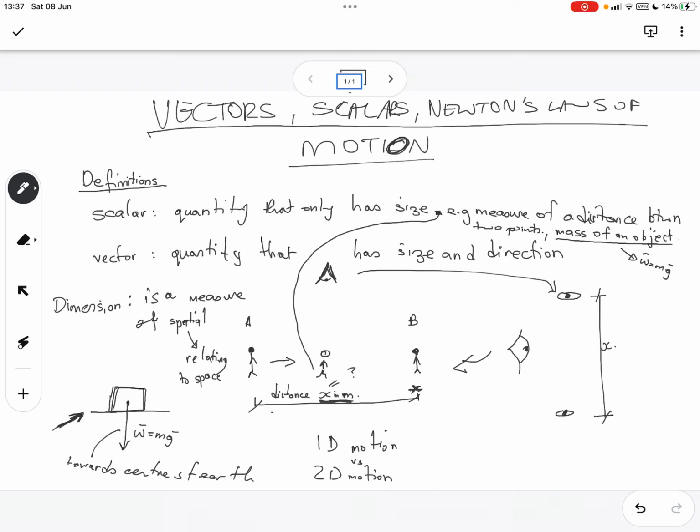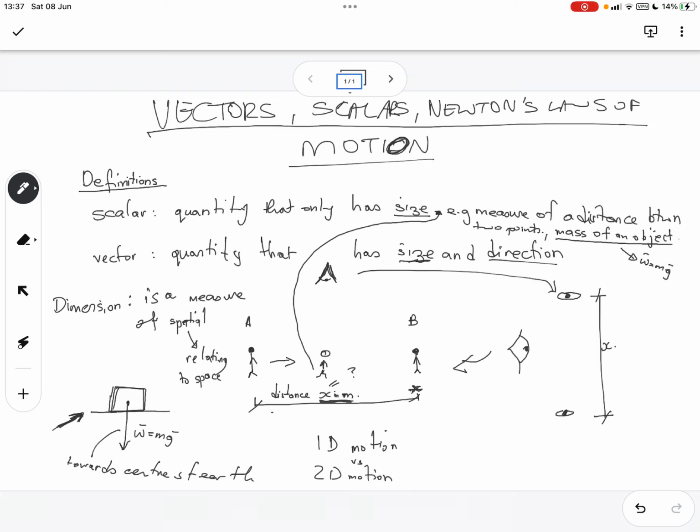But if you say between A and B is so many meters, that's just a scalar. But if you say person A moves from point A to point B, so that means person A walks a distance of so many meters towards person B, then we give the size and the direction. And that makes it a vector.